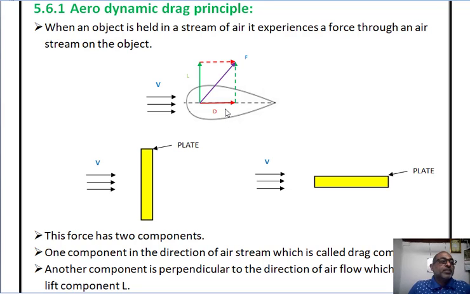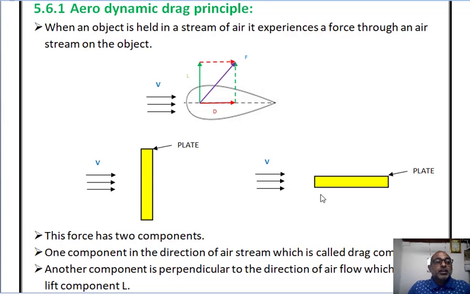The resultant of these two components is the force exerted on this object placed in the flow of air. Here the drag force works in the direction of the air stream. Suppose a flat plate is placed in the air stream. If the air stream is applied on this flat plate in a perpendicular direction, then maximum drag force D occurs on the plate.